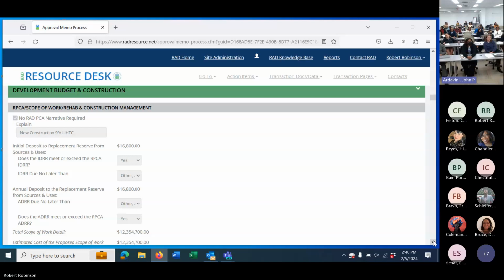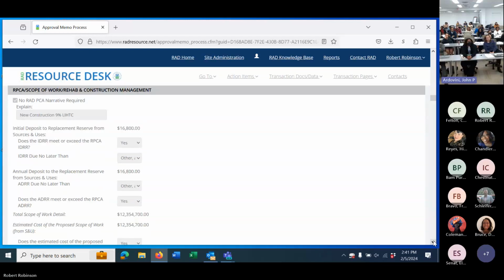These PHAs look for ways to skin it so they don't have to spend more. So you have to be thinking a bit one step ahead because they told their folks to tone things down. They don't want to spend much money. But again, you would look at the IDRR, the ADRR to make sure they match what the e-tool provider reported.